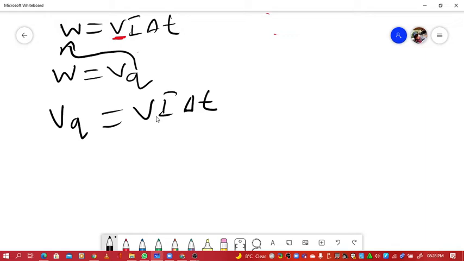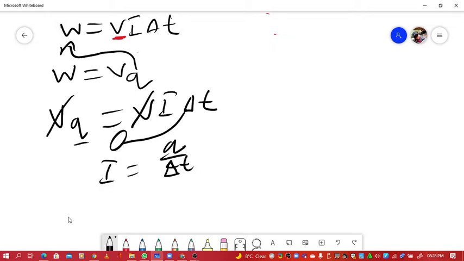Then when you divide by T, you have a definition of current, which is equals to Q over T. That is why I chose to do it in that form before.